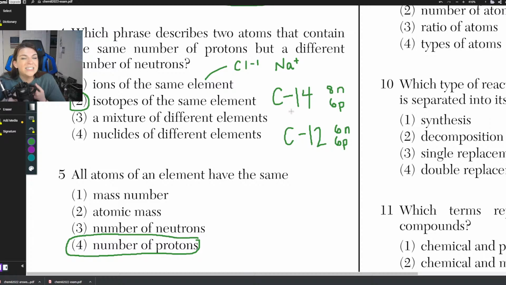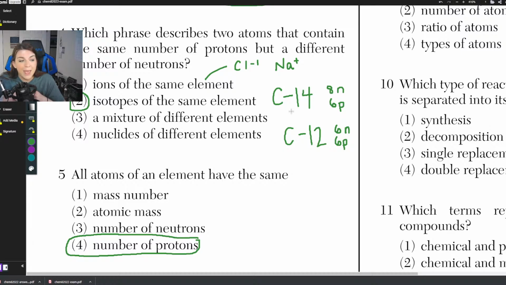The mass number is the sum of protons and neutrons, and choice 3 is the number of neutrons. Those two answer choices both include the number of neutrons. And number of neutrons is wrong, so mass number by default would have to be wrong. The number of protons, on the other hand, is the correct answer.